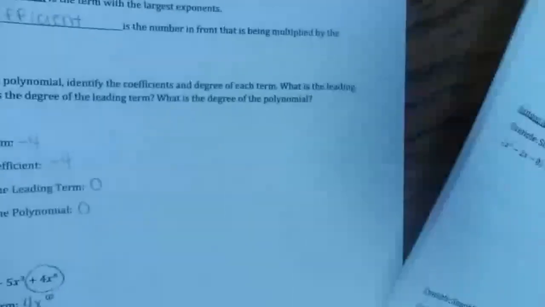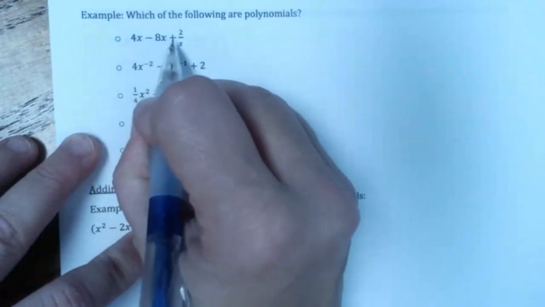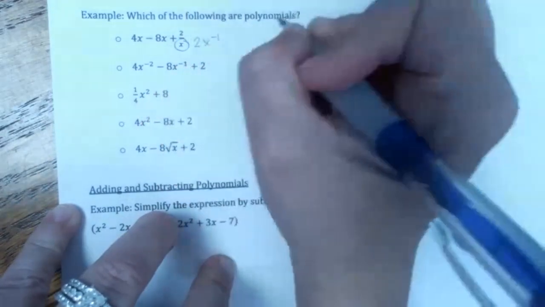So which of the following are polynomials? If you go back real quick, a polynomial has positive whole exponents. So which one of these have positive whole exponents? 4x minus 8 plus 2 over x. This x is in the bottom. Remember, going back to our properties of exponents, the bottom means a negative exponent. So 2x to the -1 power.